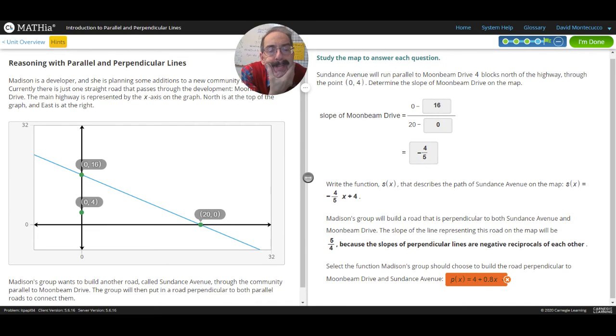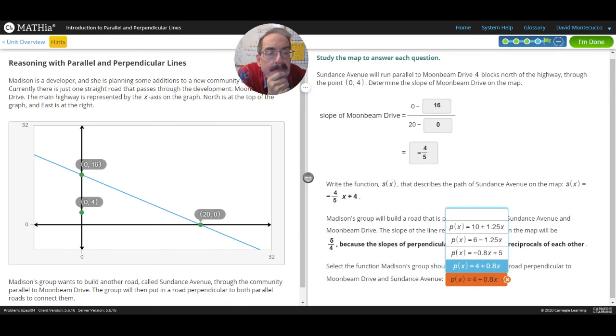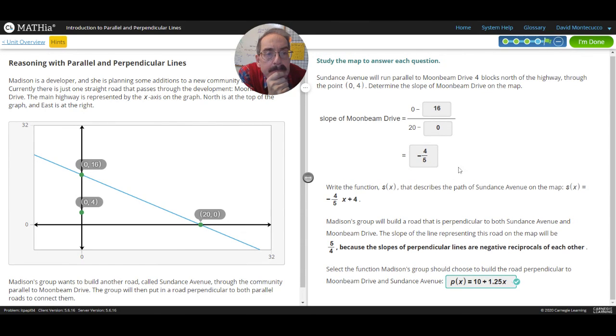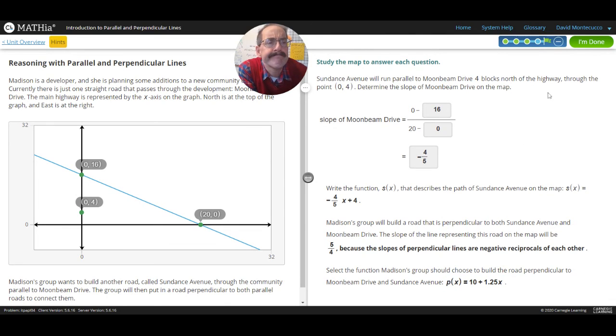To build a road perpendicular to Moonbeam and Sundance, what is the opposite? 5, 1.25, positive? Wow. That was quite a problem, wasn't it?